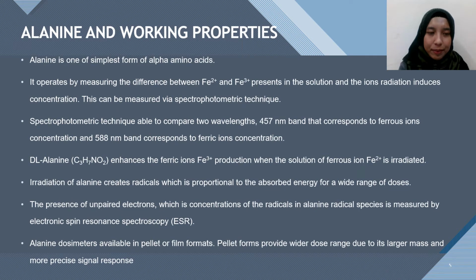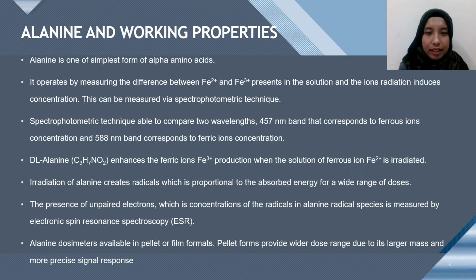The next type of gel dosimeter is alanine. Alanine is one of the simplest forms of alpha amino acid. It operates by measuring the difference between Fe2+ ions and Fe3+ ions present in the solution and the ion's radiation-induced concentration. This can be measured through spectrophotometric technique.